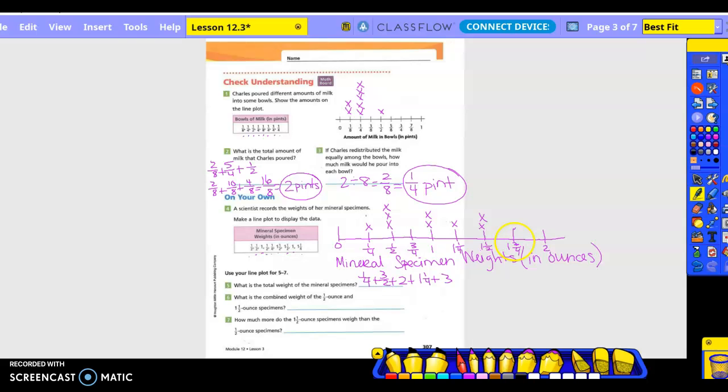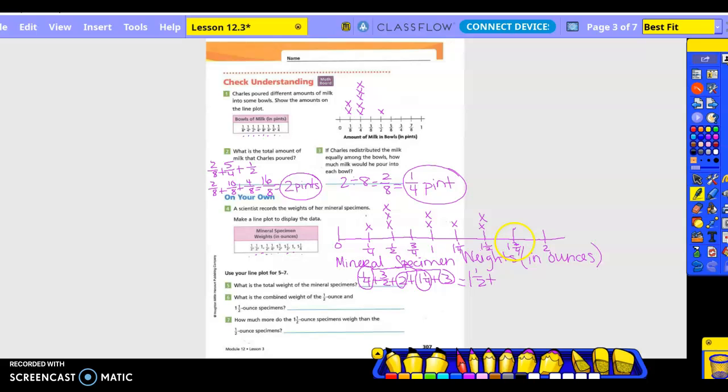Okay, so I could go ahead and group a couple of things together, right? I could put this 2 and this 3 together, right? I could put this 1/4 and this 1 and 1/4 together. So what is 1/4 plus 1 1/4? 1 2/4, which is 1 1/2.